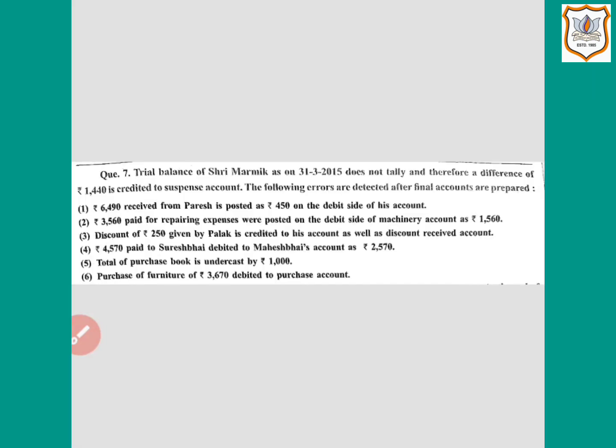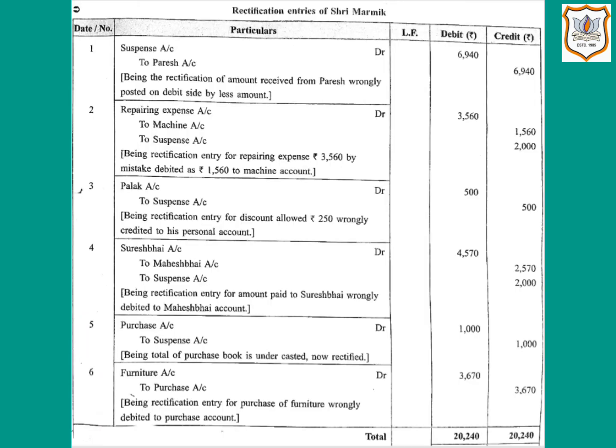Total of purchase book is undercast by rupees 1,000. We know that the total of the purchase book is debited to purchase account in the ledger, and here the purchase book has been undercast by rupees 1,000. It means that purchase account has been short debited by rupees 1,000.